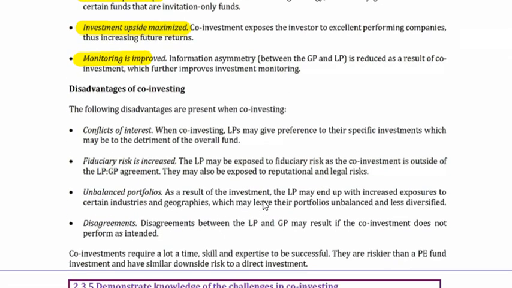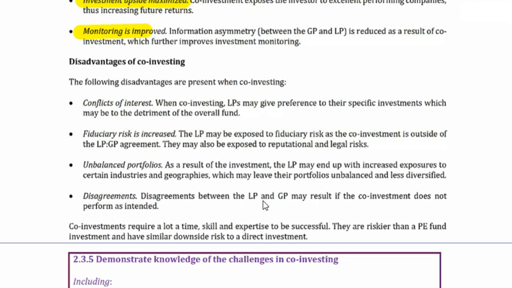What are some disadvantages of co-investing? There's a bit of a conflict of interest. Remember, most of it is in the hands of the general partners, and they may say, we'll keep the good investments and we'll give some of the poorer investments to our partners for co-investment. Fiduciary risk is increased. Remember, the minute that co-investment is made, it's generally outside of what we call the LPGP agreement.